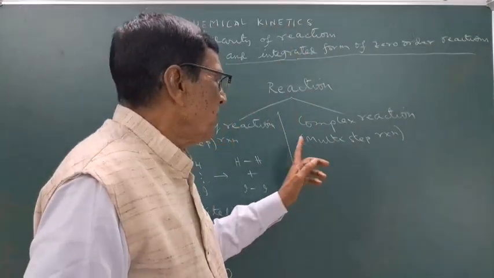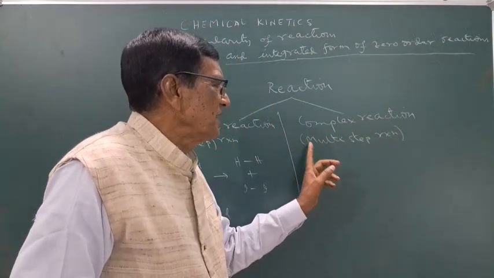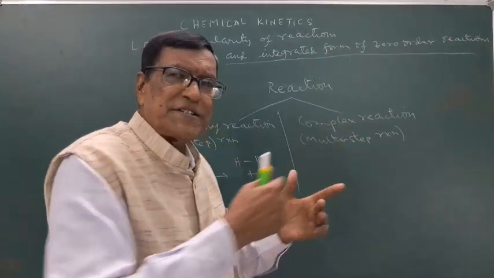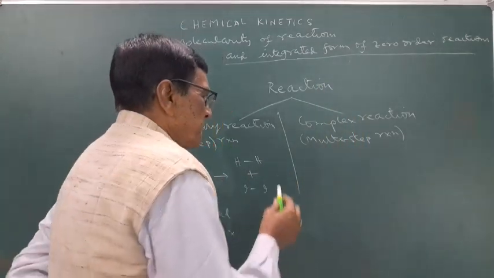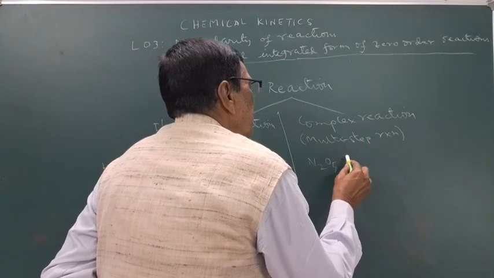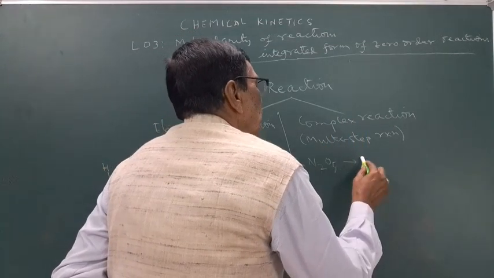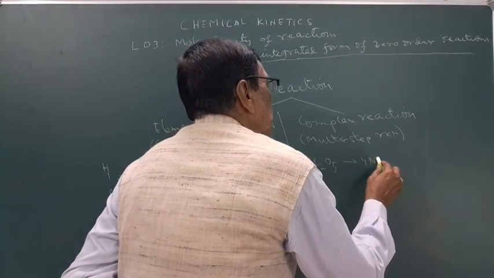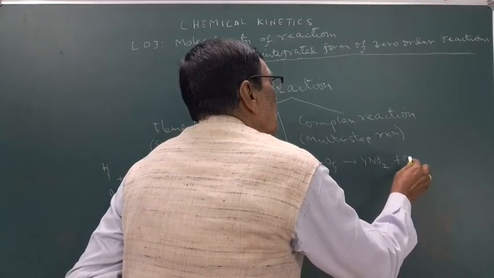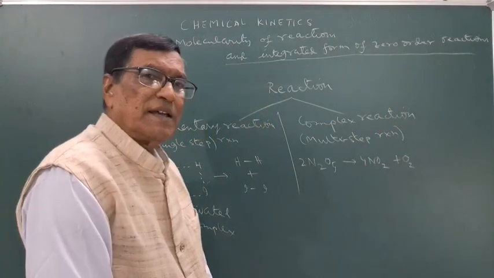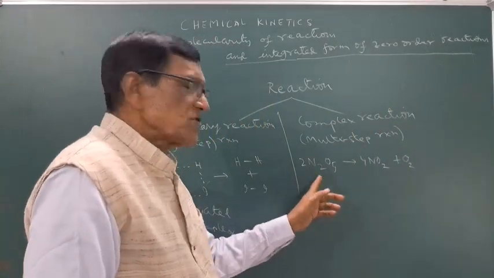But in case of complex reactions or multi-step reactions, the reaction will proceed in several steps. Say N2O5 giving NO2 plus oxygen. This is a first order reaction.